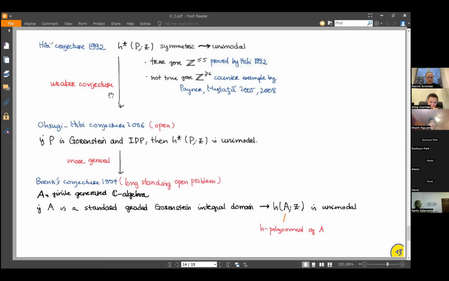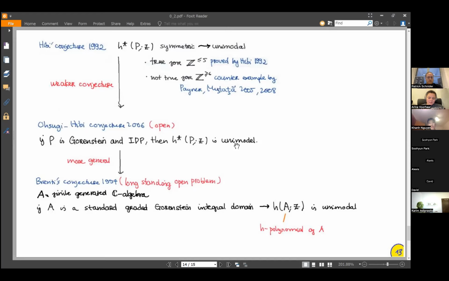So we have a weaker version of the Hibi conjecture by Ohsugi and Hibi in 2006, and it is still open now. It states that if P is Gorenstein and it has IDP, then it has h star polynomial unimodal.